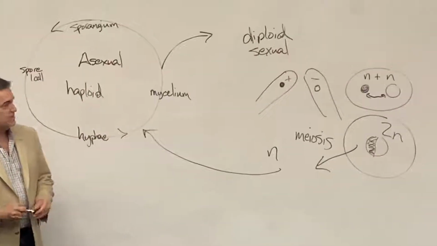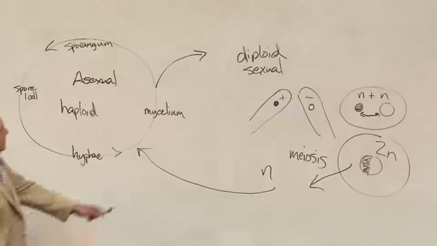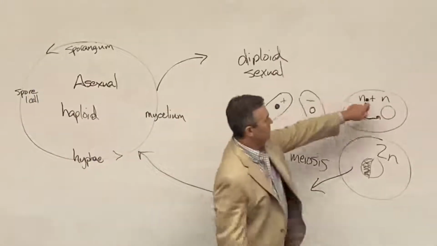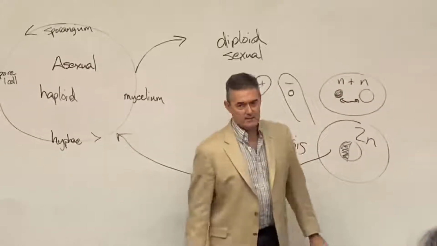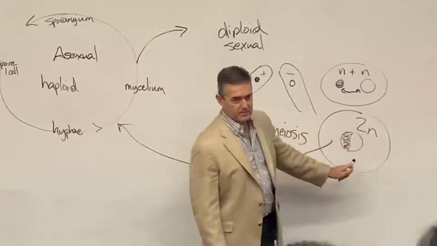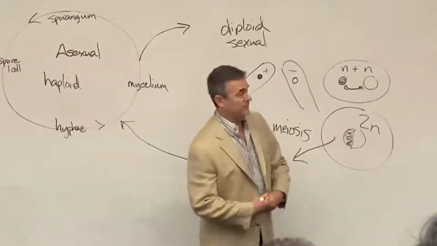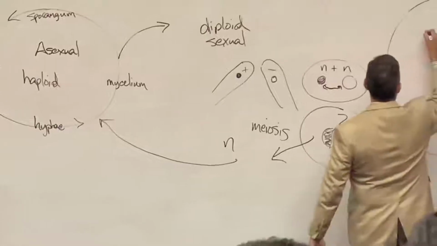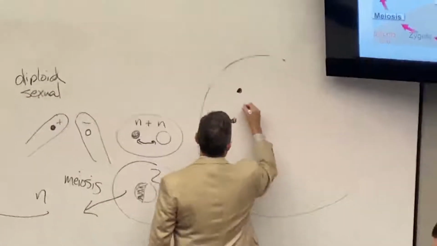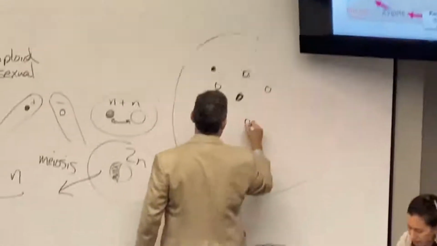So the distinction between the major groups of the fungi really all comes down to what they do at this point. How do they go from the N plus N stage through to the diploid stage and back to the haploid stage? Because some of them do weird stuff. Some of them, like the zygomycetes, will reproduce all of these nuclei many times in one single cell.